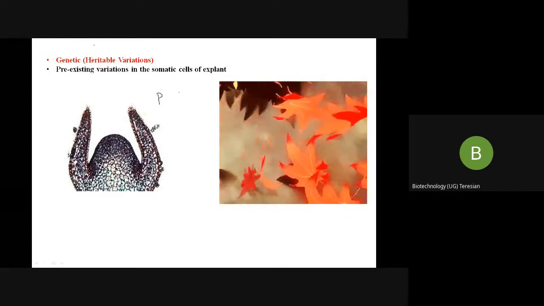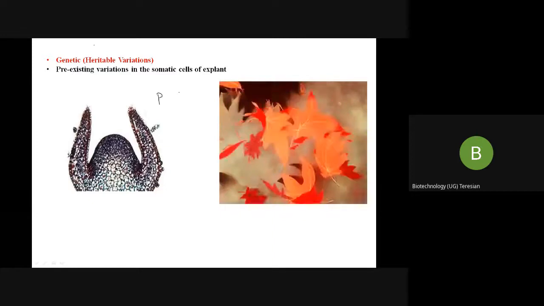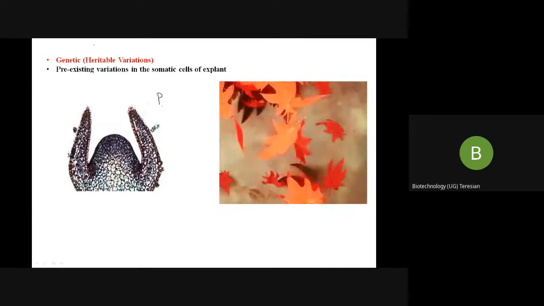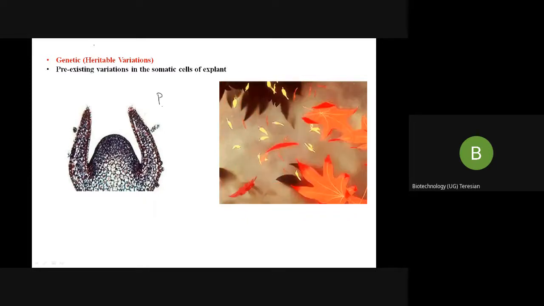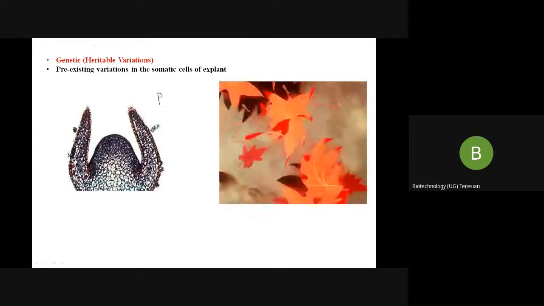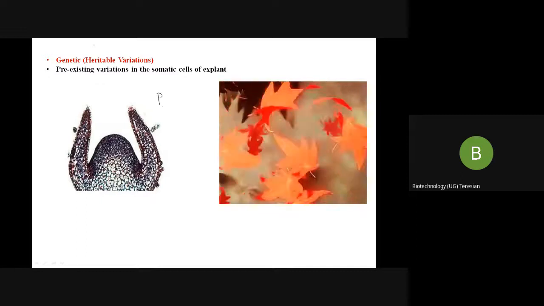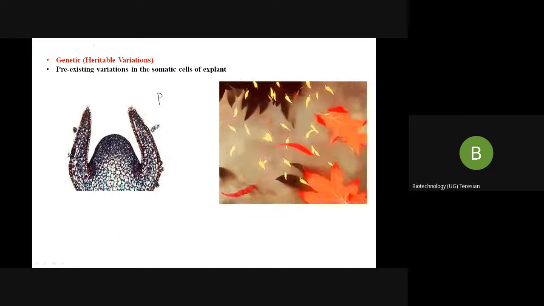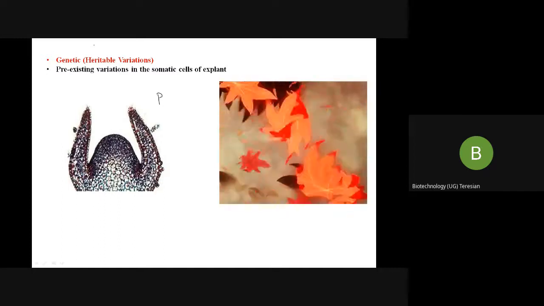That is the meaning. So the more specialized, for example, all plants have some specialized tissue in the body. For example, I have given meristematic tissue and the leaf.